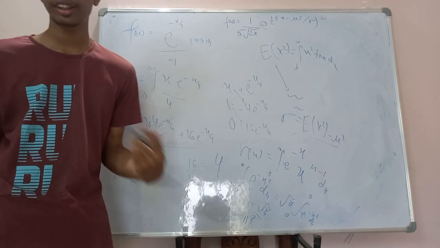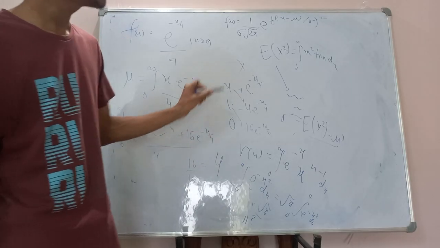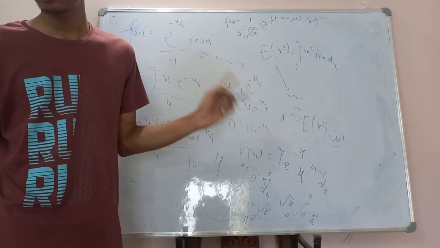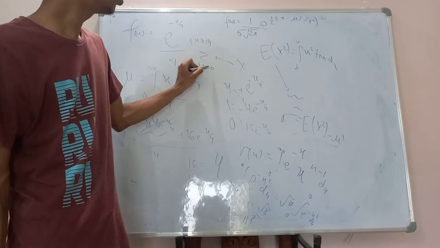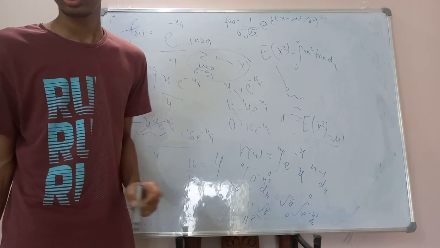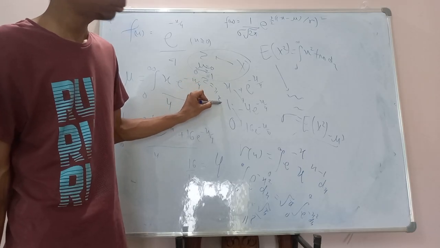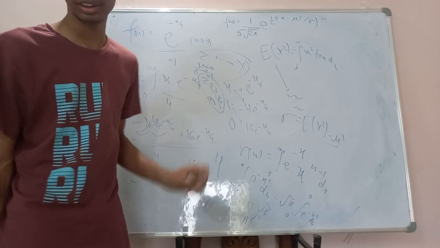Any normal random variable x can be converted to a standard normal z, where mu is equal to 0 and variance is equal to 1, right? So z is equal to x minus mu by sigma, right?